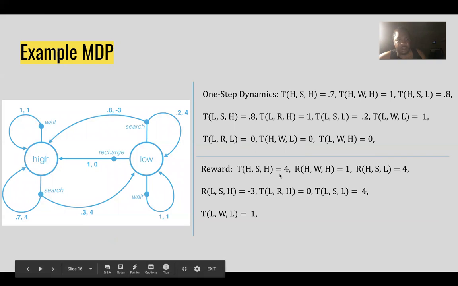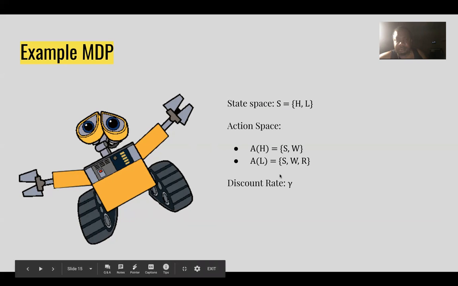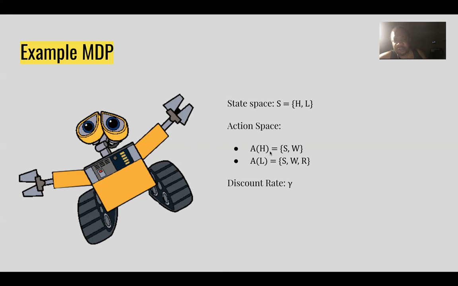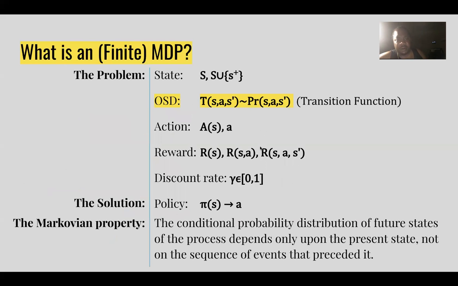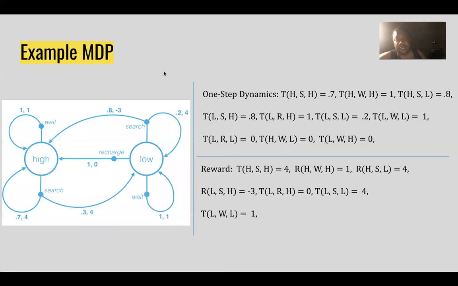So here is our example MDP. We saw our state space, we saw our action space, we saw our discount rate. So we still need our transition functions, and we still need our rewards to state the problem. So here are our transition functions.